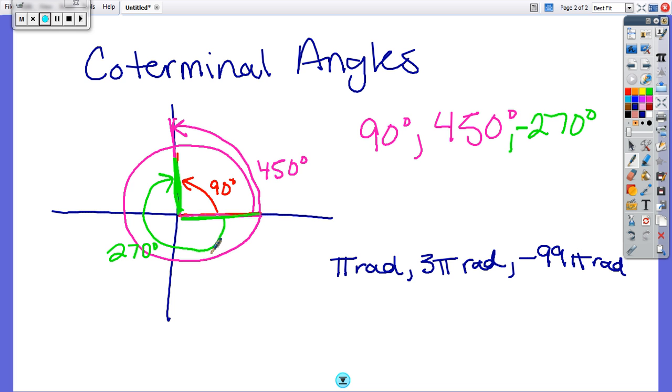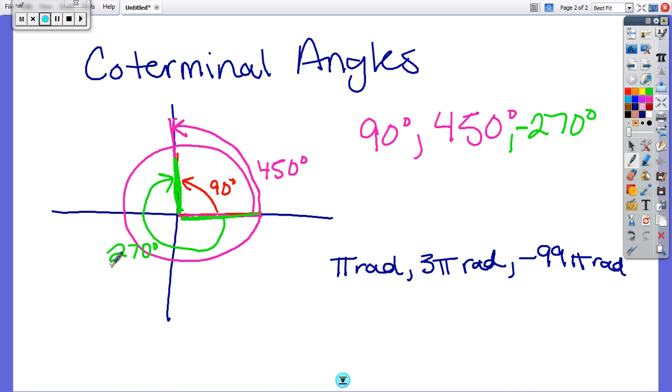Right, because I could go in the other direction, that's pi, and then if I went around 99 times, or 98 times I guess at that point, you would end up in the same place. So these are multiples of 2 pi radians, these are multiples of 360 degrees, a full circle. So those are coterminal angles.